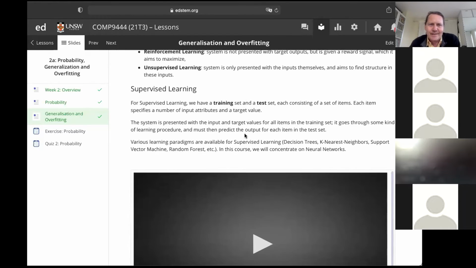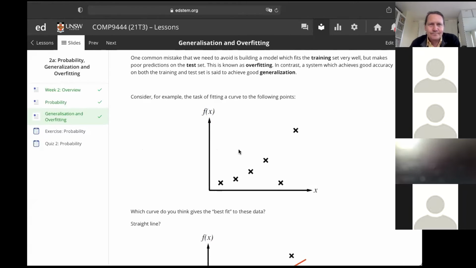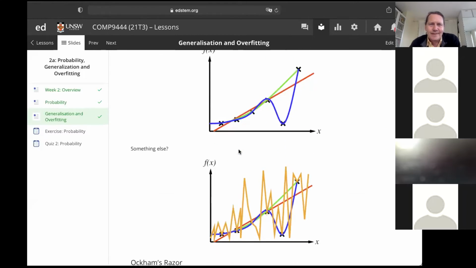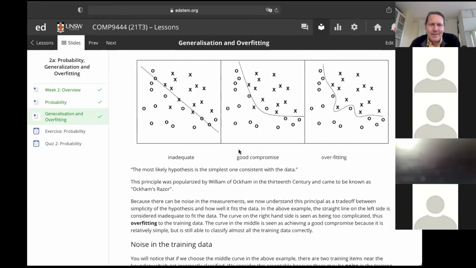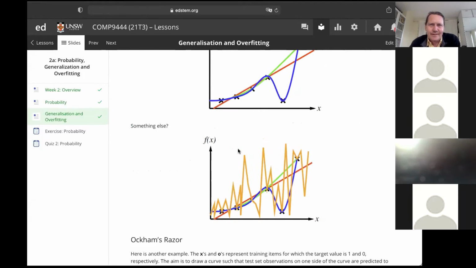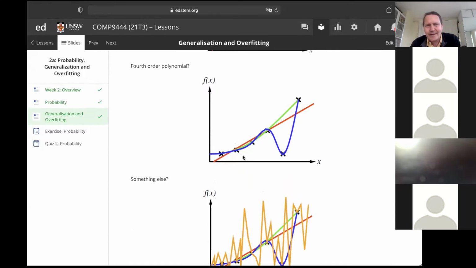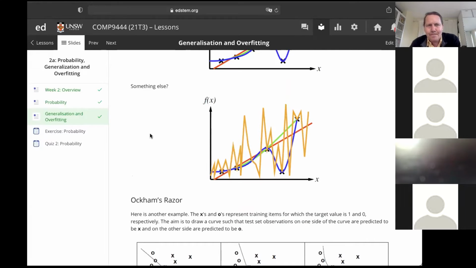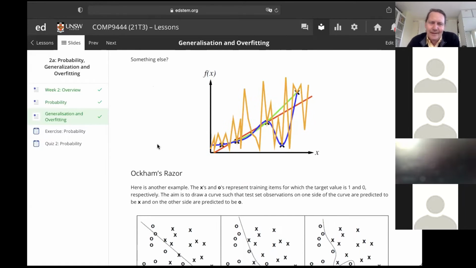In supervised learning, we have a training set and a test set, and the aim is to train something that will perform well on both the training set and the test set. We want to avoid the situation where it performs well on the training set but not on the test set; that's known as overfitting.